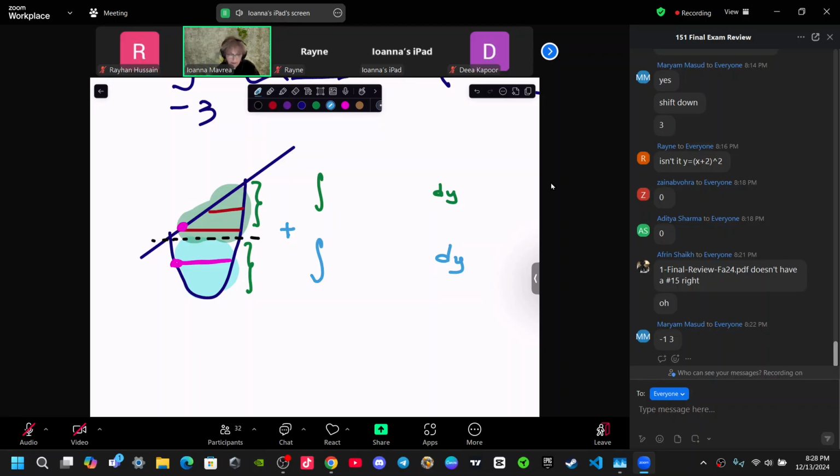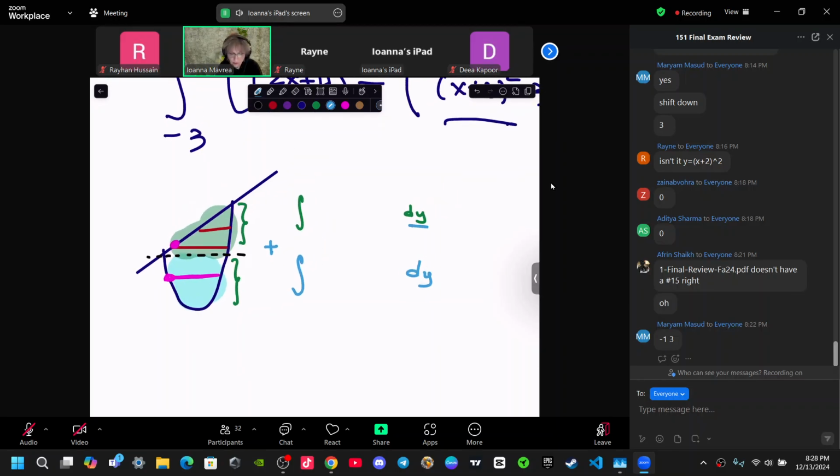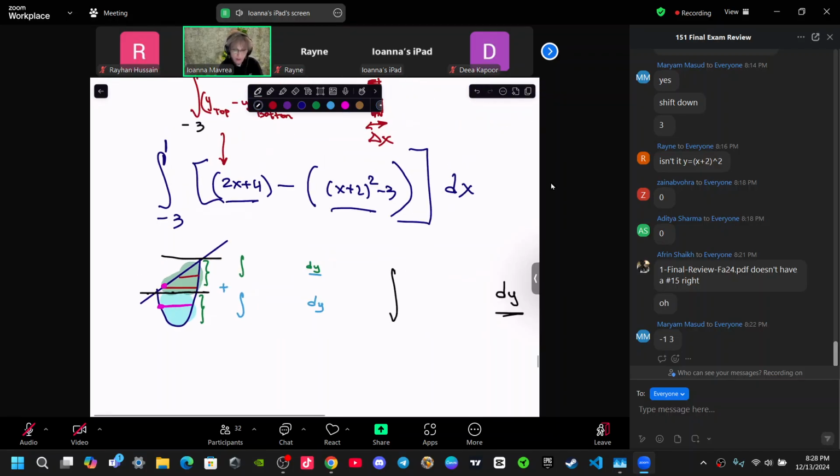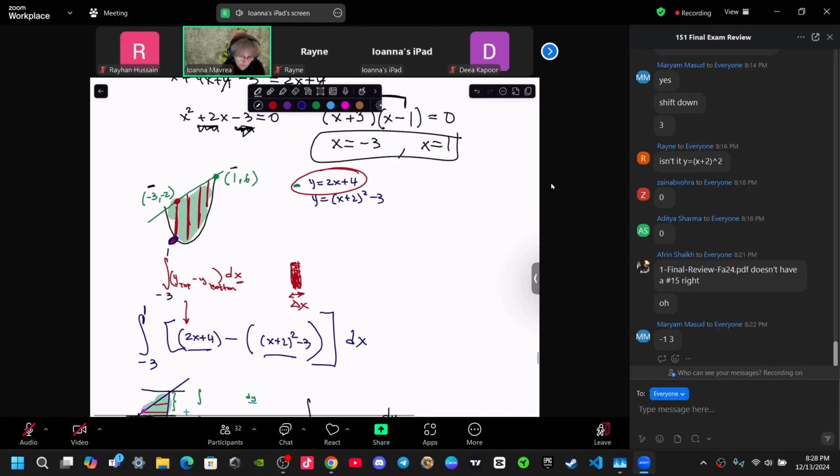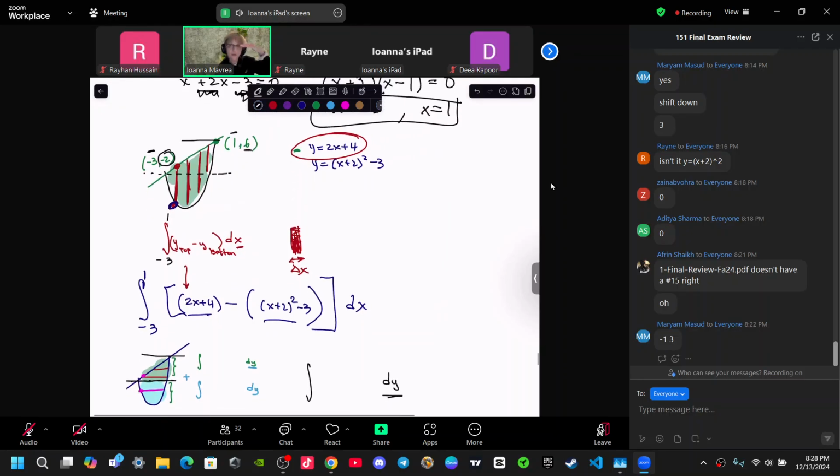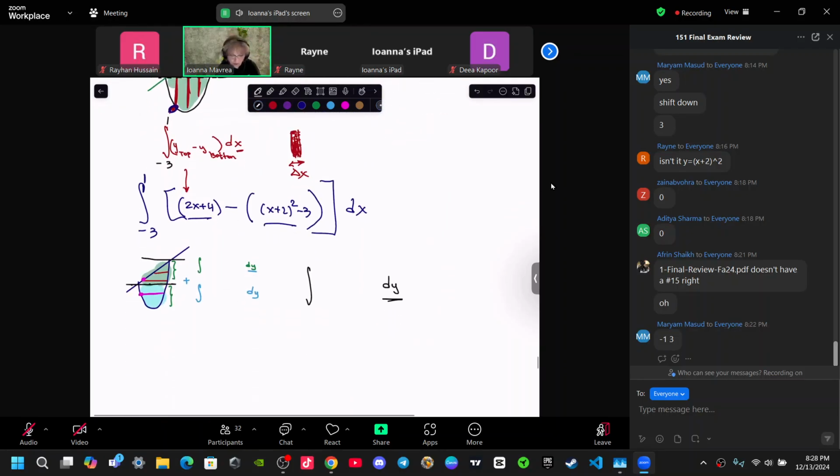Okay. The top integral, again, I'm integrating with respect to y, so I need the limits. The limits for the y are going to go from this y to that y. So I go back to my picture. The y here is -2, and the y at the top is 6. So my limits are going to be from -2 to 6.